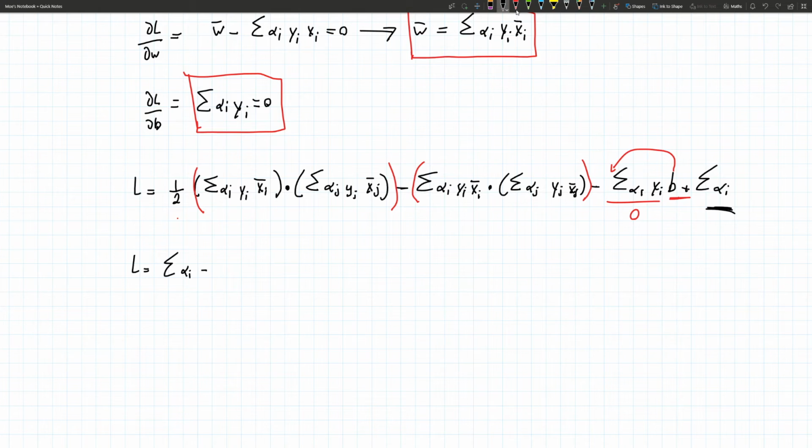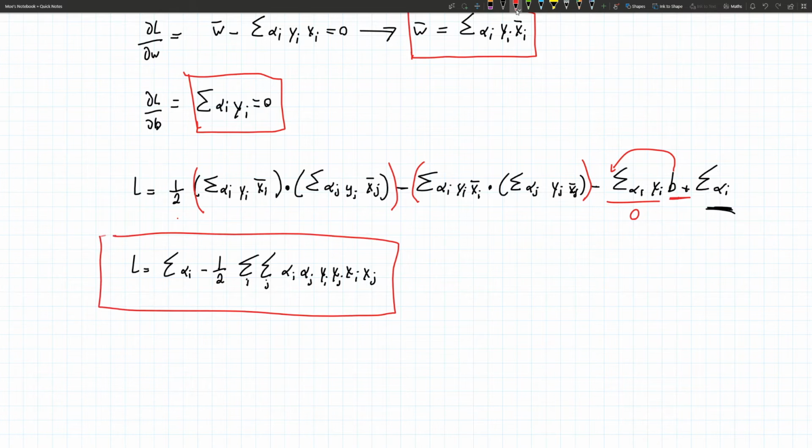Then we get minus half the sum over i, the sum over j of alpha i, alpha j, y of i, y of j, x of i, x of j. So basically this is what we need to get the extremum of.